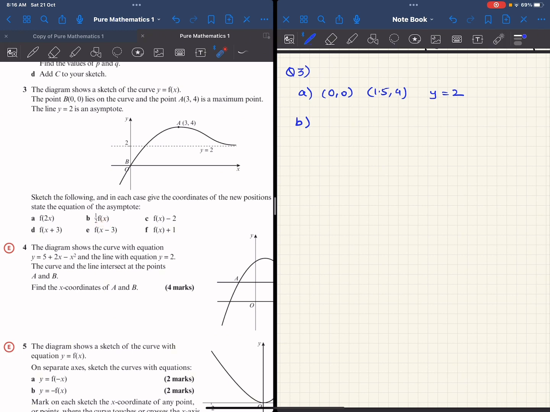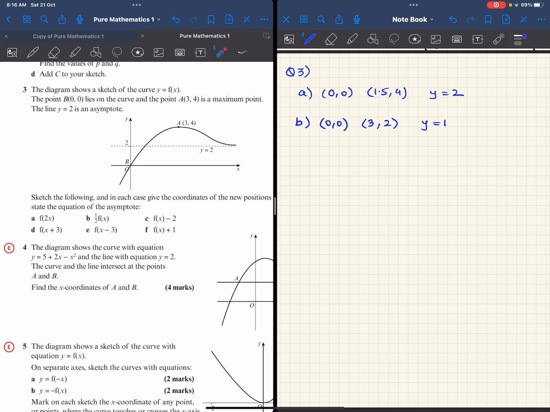So (0, 0) will remain as it is, because 0 multiplied by anything remains the same. For this point, the y coordinate will be multiplied by half. So x remains the same, y becomes 2. And the asymptote also gets multiplied because it's a y coordinate. So it will be y is equal to 1.